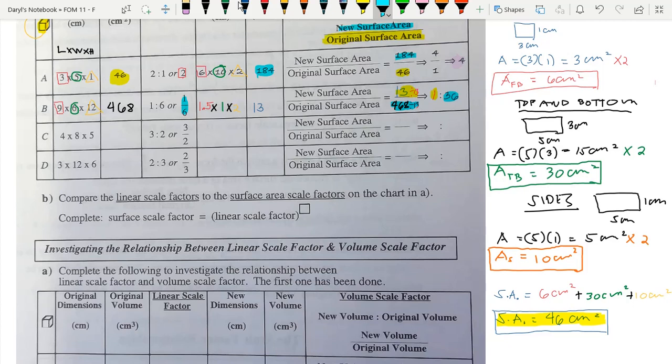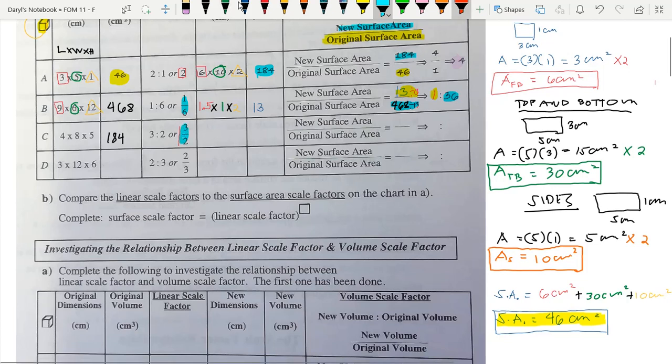Okay, so going to letter C, so the rectangular prism C, if I'm gonna get the surface area of this, again taking the sum of the area of each face, it should give me 184 cm squared. So again, to get the new dimensions, I'll be using this linear scale factor 3 halves.